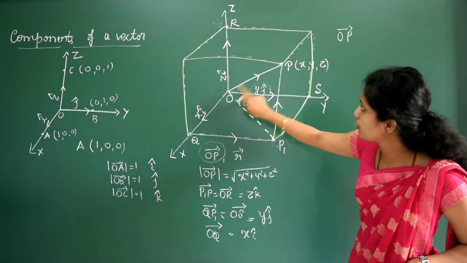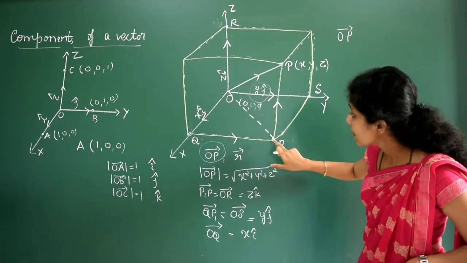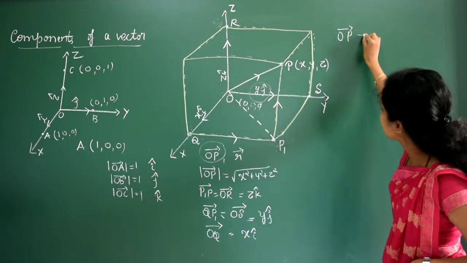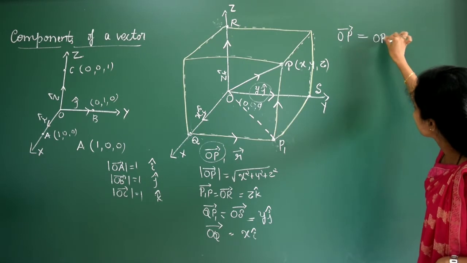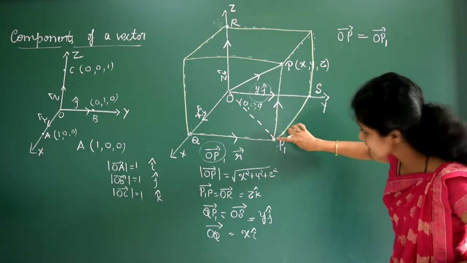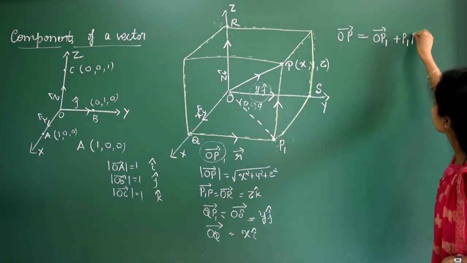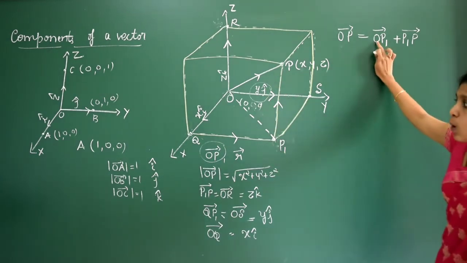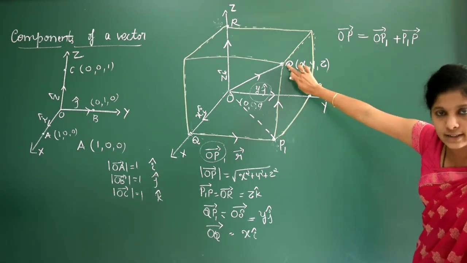We can write the OP vector as the OP1 vector plus the P1P vector. Is it clear? So the OP vector can be written as the OP1 vector plus the P1P vector.